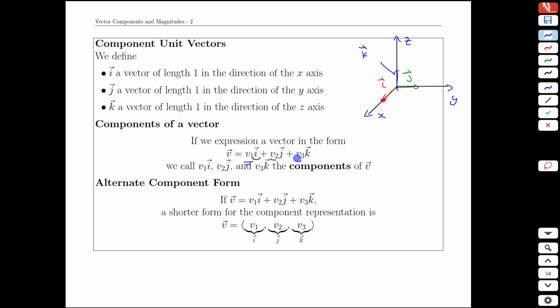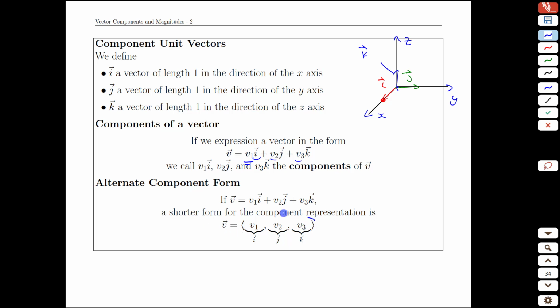Once you do that a few times, though, we recognize very quickly that the i, j, and k always represent the same things. We always put them in the same order. So the thing that distinguishes one vector from another is the coefficient out front, this v1, v2, v3.